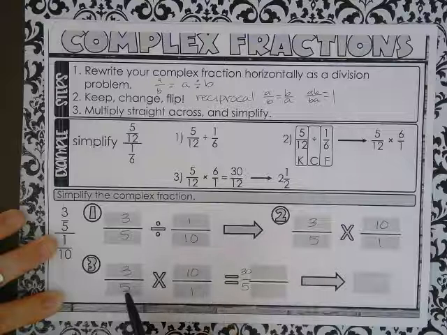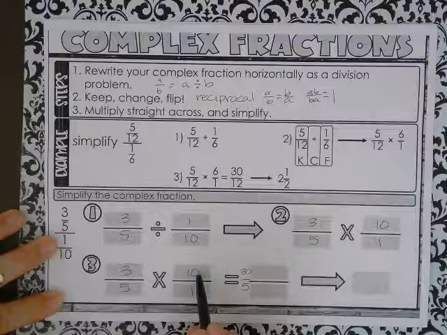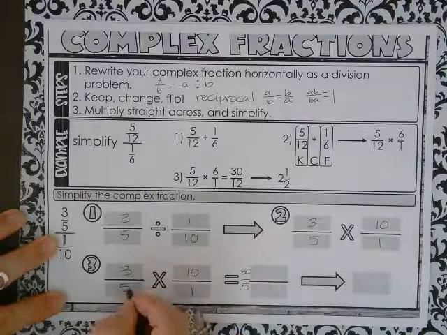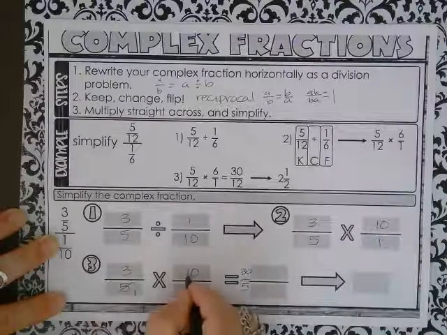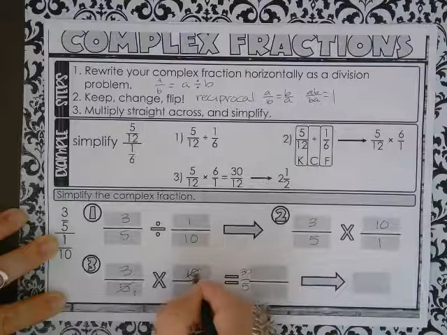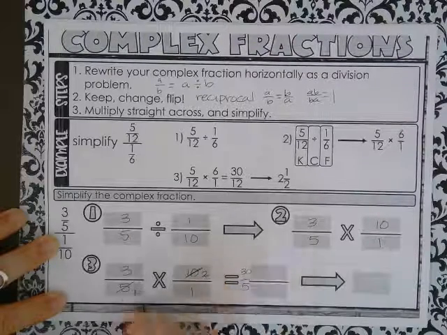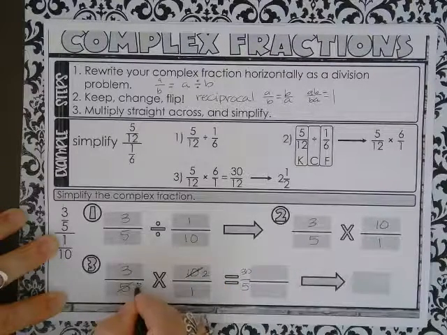Ooh, I said 5 here, and I said 5 here, which means they're both divisible by 5. So 5 divided by 5 is a 1. 10 divided by 5 is 2. So we divided each of these by 5.